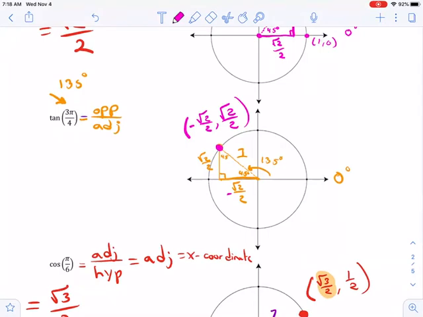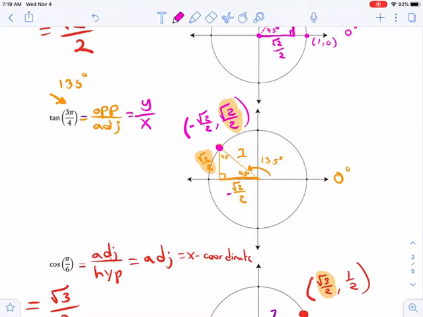So if I need to do opposite over adjacent here, opposite is first this value. Opposite is going to be my y coordinate divided by my x coordinate. So this is y over x.